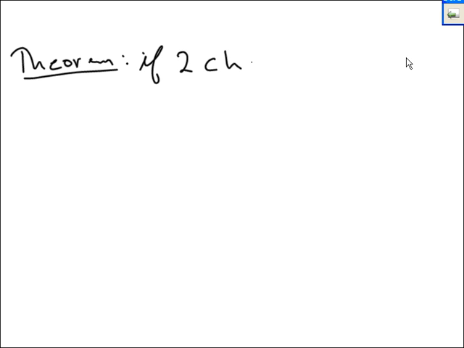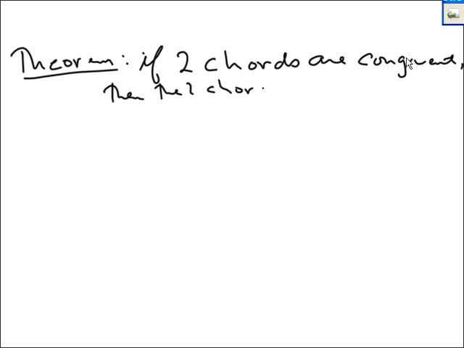If 2 chords are congruent, then the 2 chords are equidistant from the center.